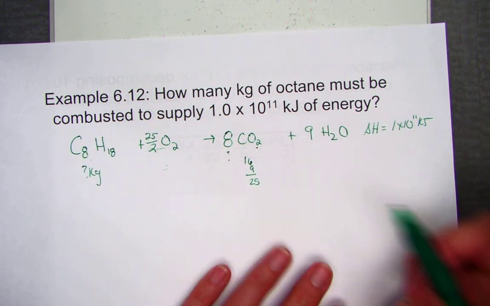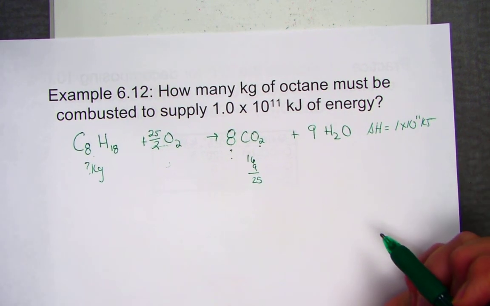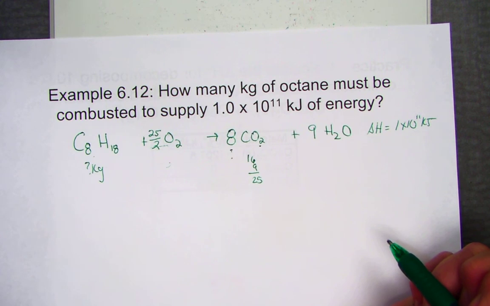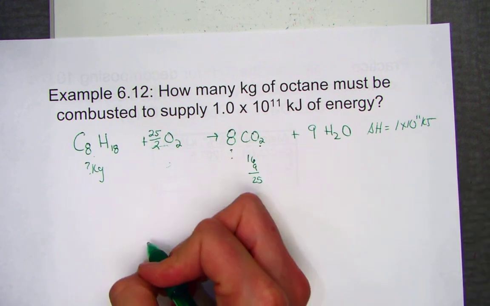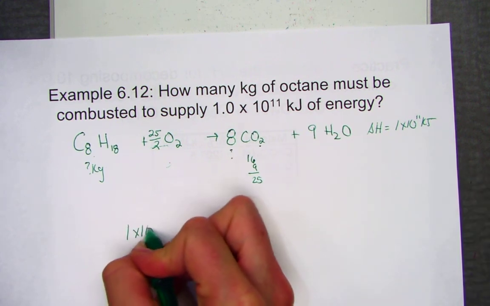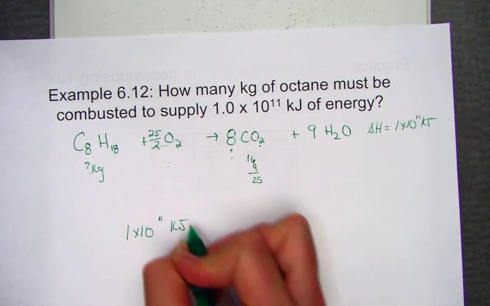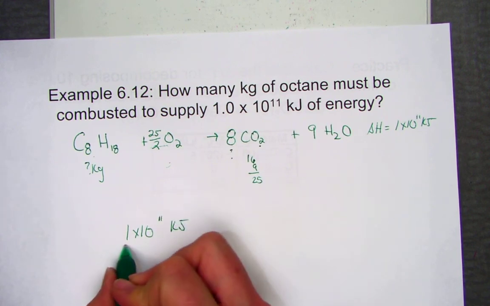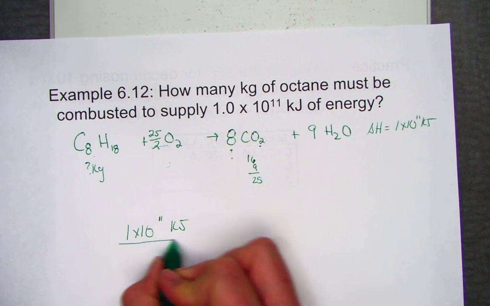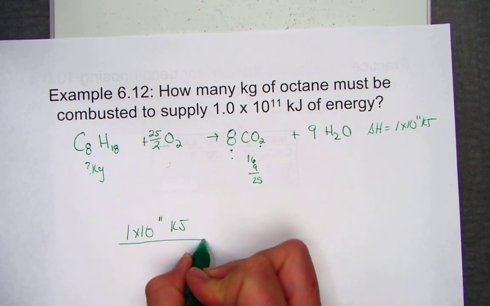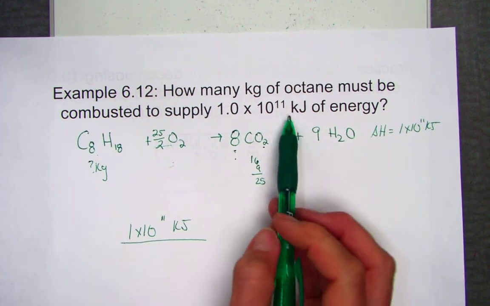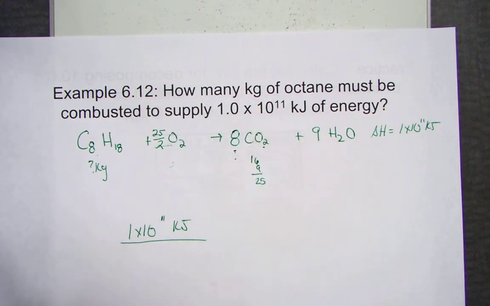I look at this more as stoichiometry than really with the enthalpy chart. So if I know that 1 times 10 to the 11th kilojoules of heat are released, I don't really know that. I'm going to pause. Let's think this through.